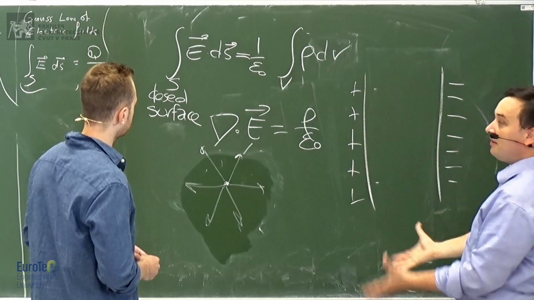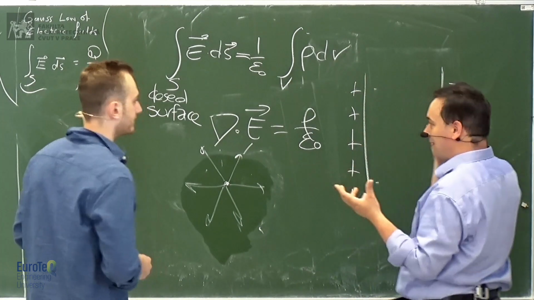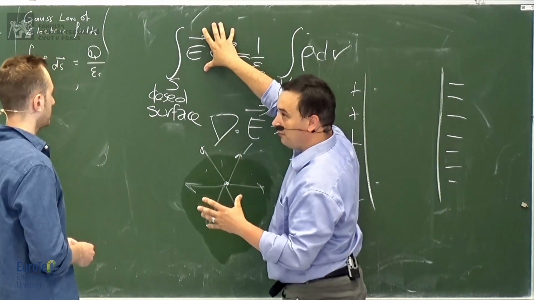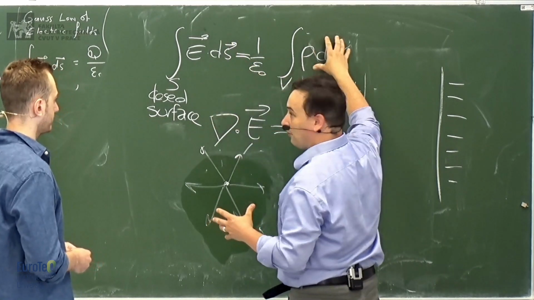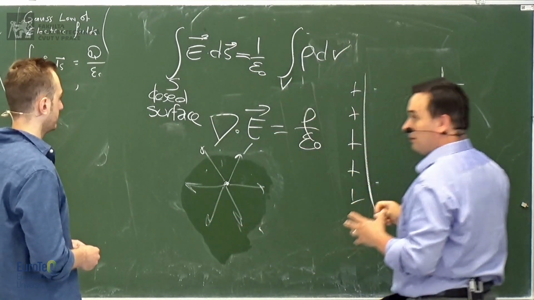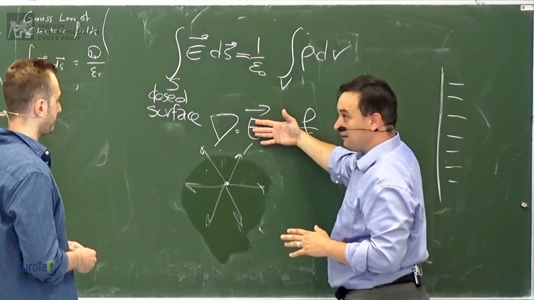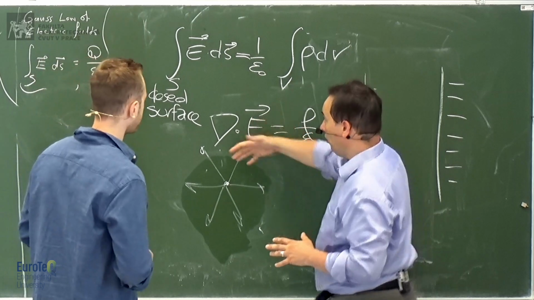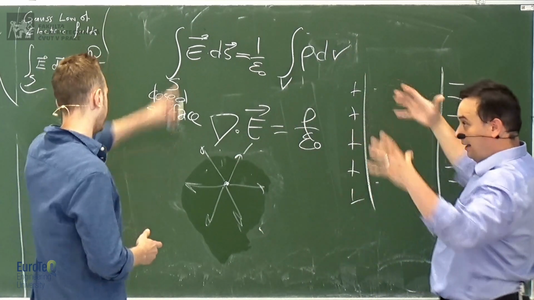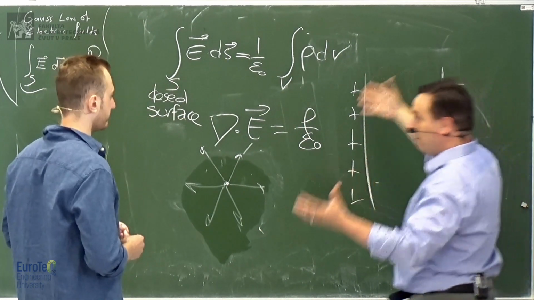So something big. Here you go from the surface to the point. Here you go from the volume to the point. So these are the two. Of course, then if you integrate this over the surface and the volume, you get back to that.